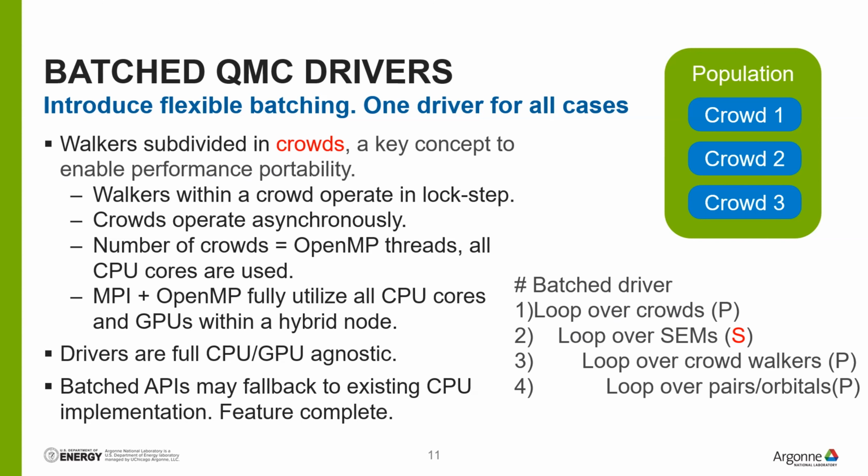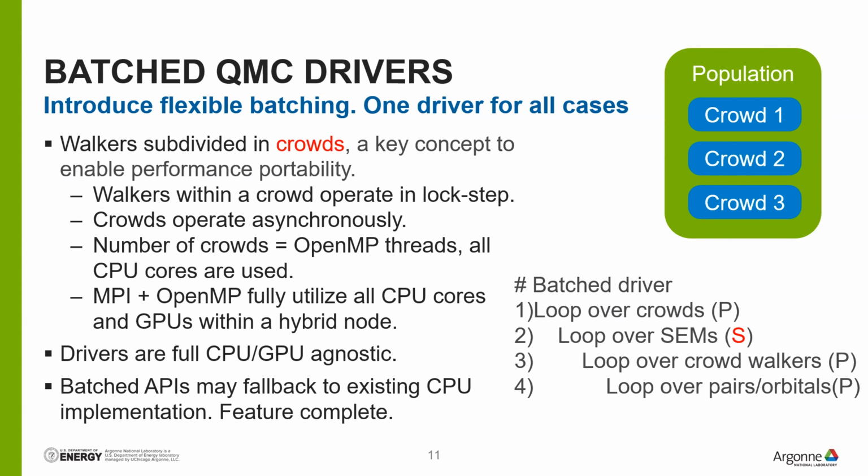We have a bunch of cores and very powerful GPUs. So in the modern node architecture, we recommend that users at loop 1 set the number of crowds to the number of OpenMP threads, or cores, making sure that all those crowds have work and busily enqueue tasks into the GPU to keep the GPU busy.